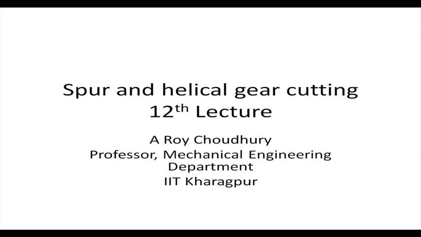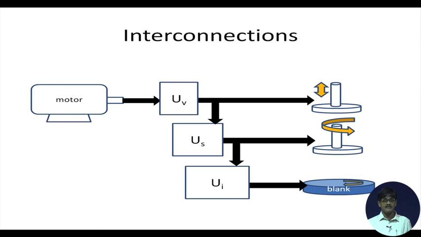Last time we were discussing a figure in which the setting of the gearboxes had been shown, and we had discussed up till this point that the location of the gearbox UV apparently affects everything downstream, so that first of all the feed of the cutter against the workpiece might be affected.